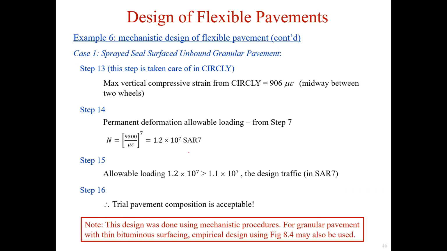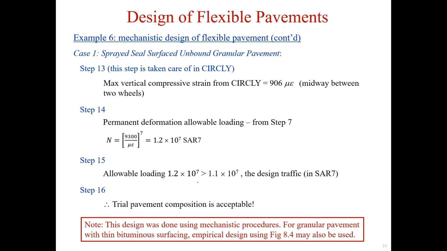The allowable loading is greater than the design traffic. So we draw the conclusion in step 16 that the trial composition is acceptable. This design was done using the mechanistic procedure.